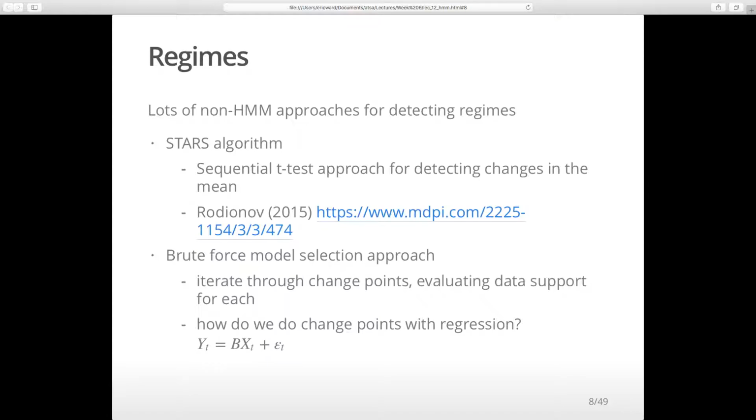So that's one approach. You could also do what we've done in the class before, which is this brute force model selection approach, where if you had a time series of 30 years, for example, we could iterate through every time step of that time series and then iteratively test with either likelihood ratio tests or AIC or whatever your favorite model selection tool is, and look at the data support for each of those breakpoints.